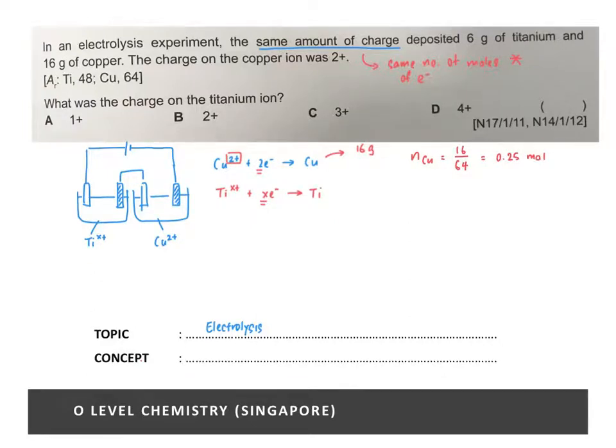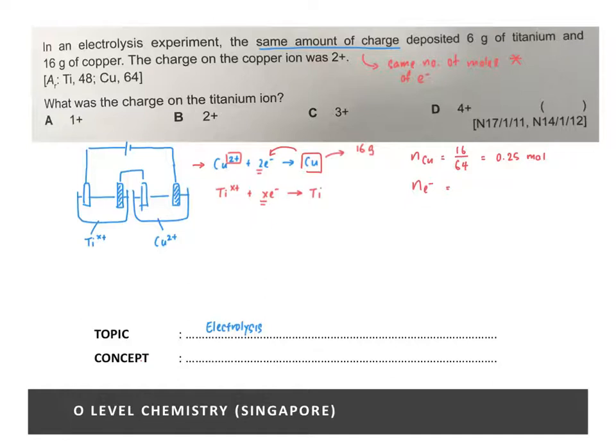Now that we have found the number of moles of copper that's being formed, we can actually find the number of moles of electrons that was passed into the electrolytic cell. And how do we do that? By comparing the mole ratio. If you look at the half equation for copper, for each mole of copper, it actually requires 2 moles of electrons for it to form.